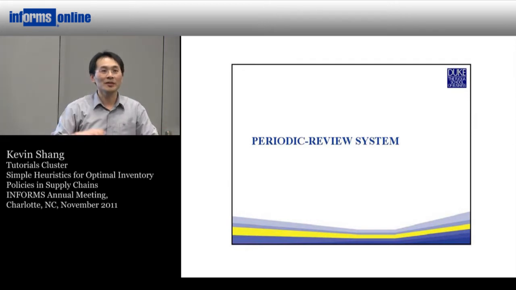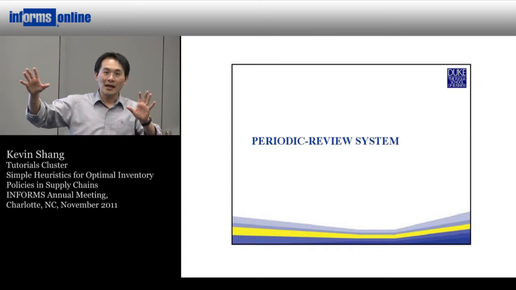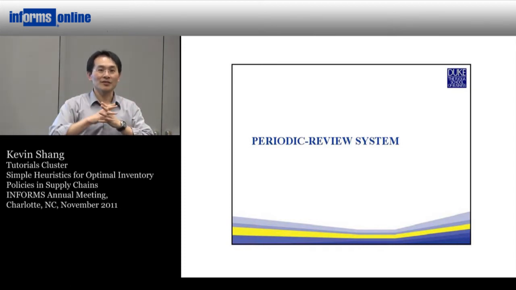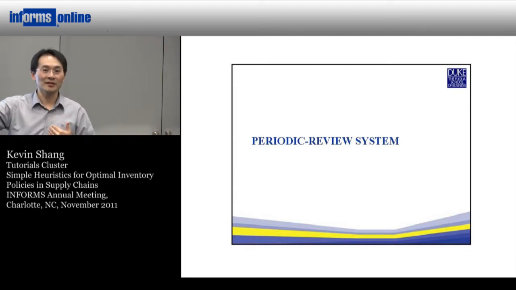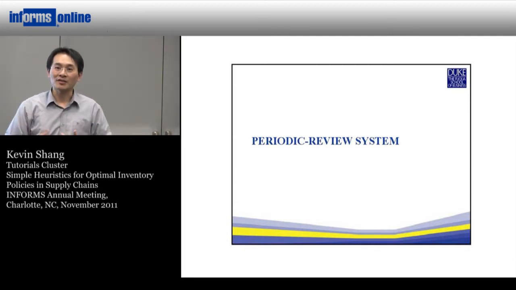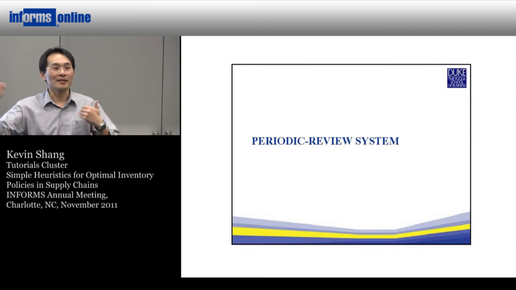In the early work, we do have a literature on the ST policy for the single stage system. But when we move to the multiple locations or multi-echelon systems, most of the papers are focused on RQ system. So I'm a little bit puzzled why there is no paper on this area.